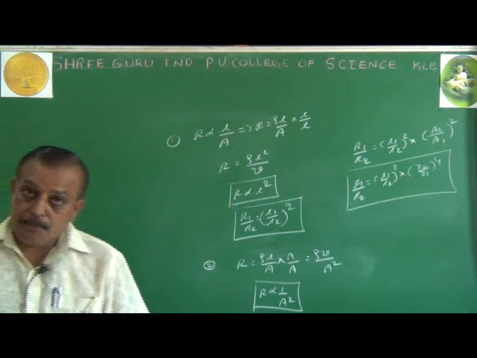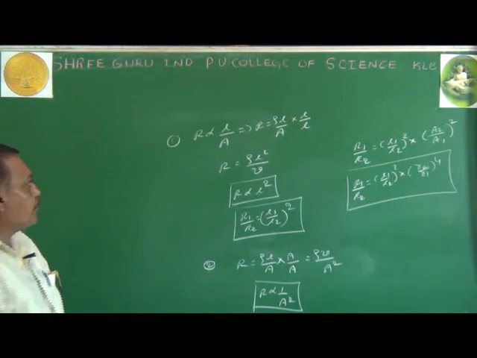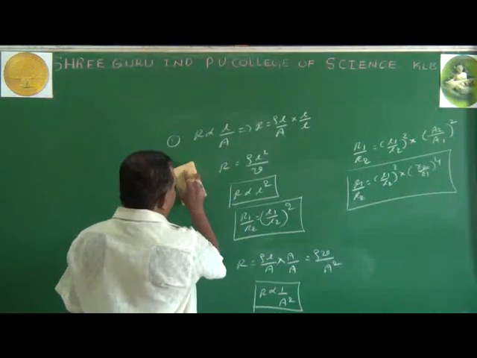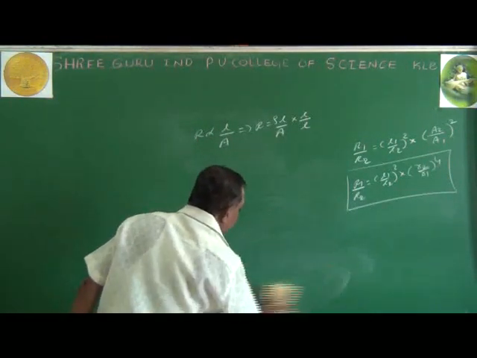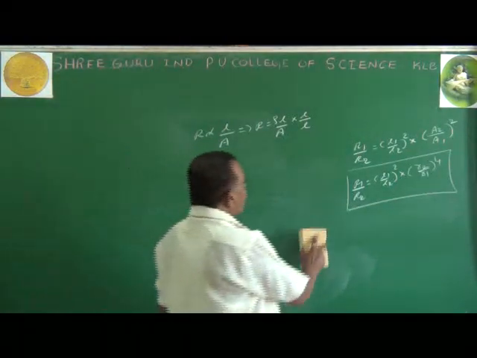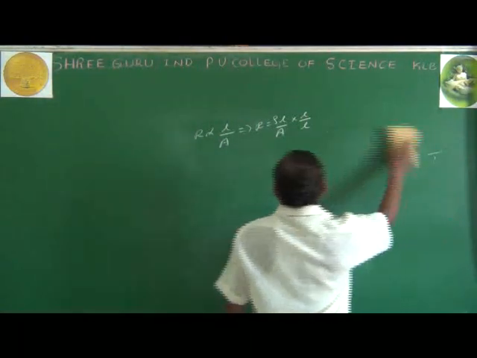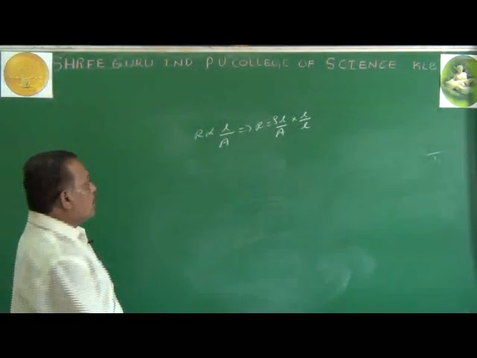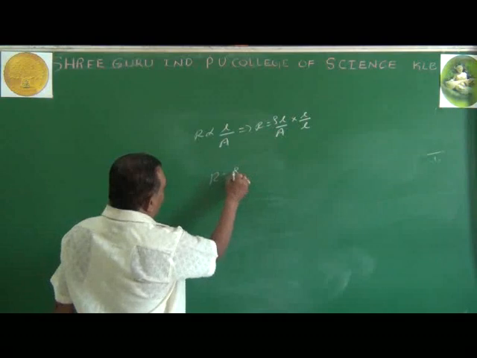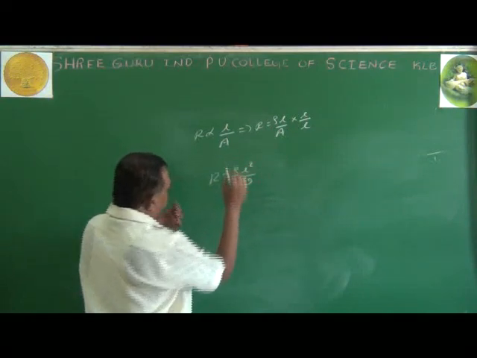Then in terms of mass, I come back to the original equation. Here R equals rho L square divided by volume.